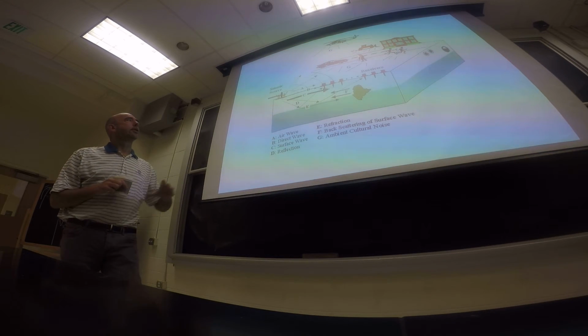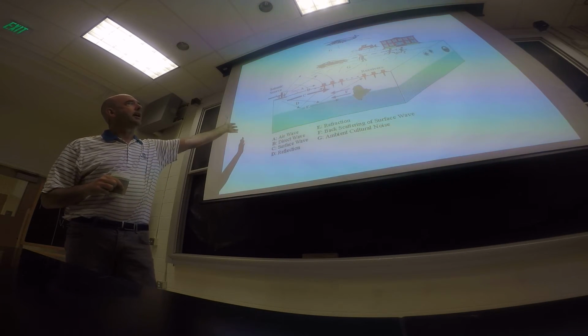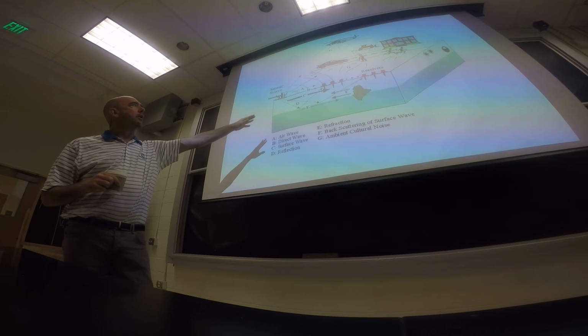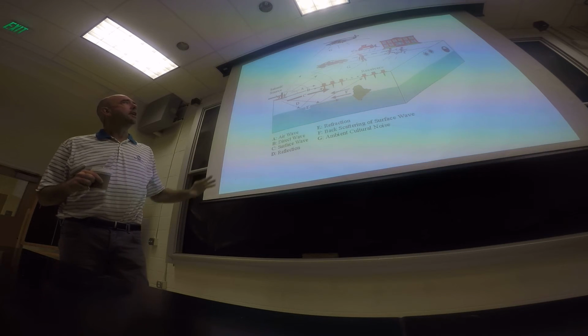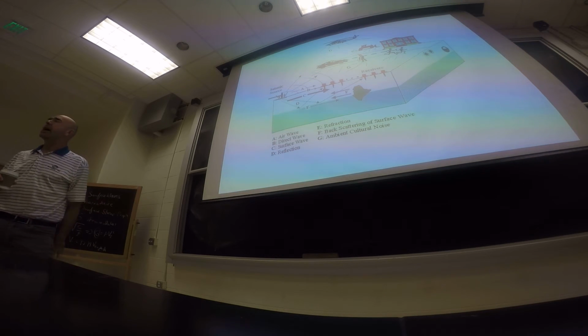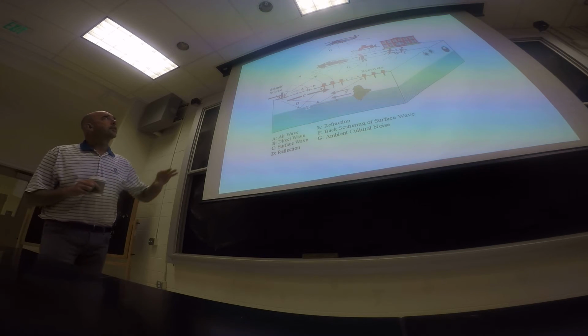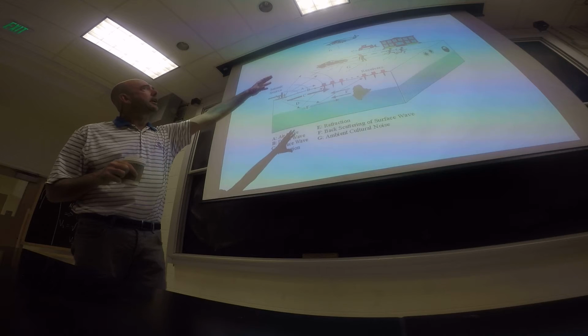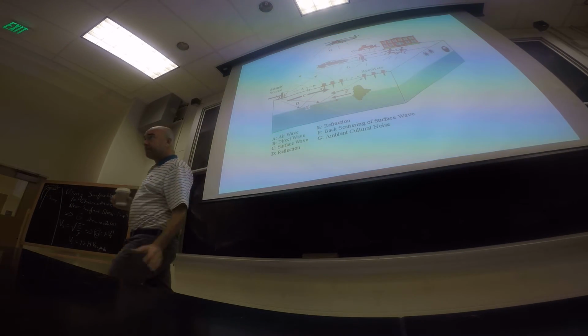For example, if there's some kind of discontinuity, we can have backscattering of surface waves, we can have backscattering of refractions, we can have scattered reflections. Depending on the subsurface geology, we can have a real mess down there in terms of the waves that we actually record. The other thing that we always have to be cognizant of is that we have ambient cultural noise.